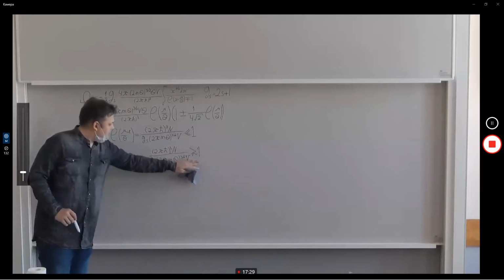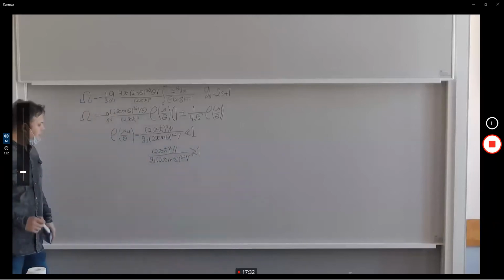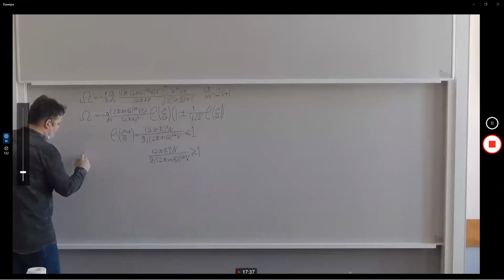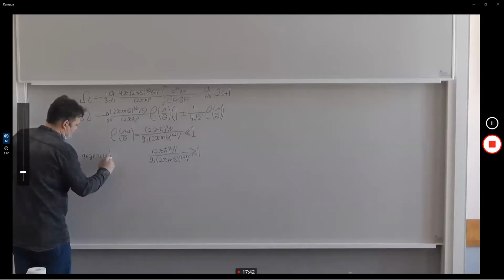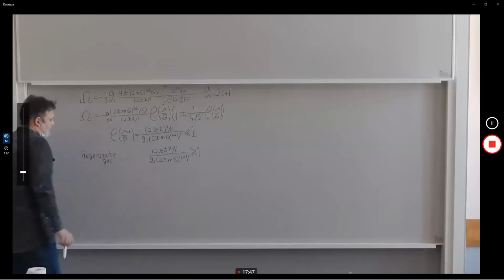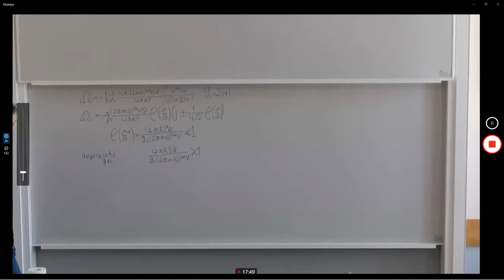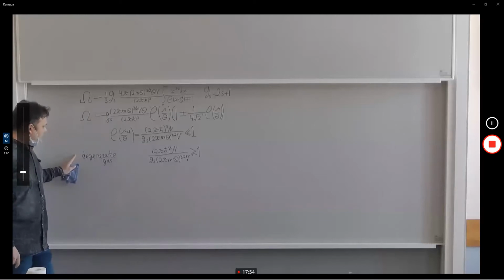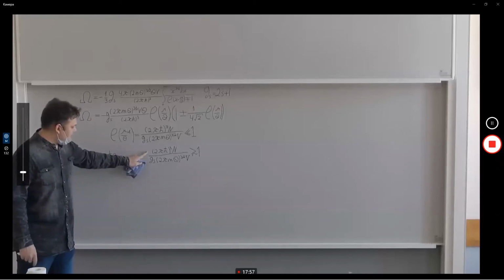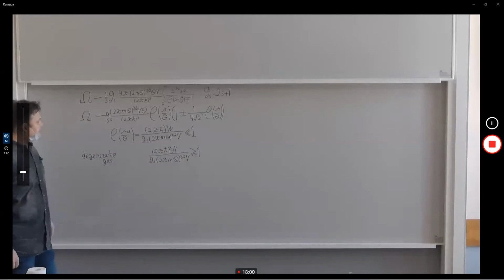Gases in which such a relation is satisfied are called degenerate gases. As we see, in the degenerate gas quantum corrections are very high, so the properties of the degenerate gas should be very different from those of a classical gas.